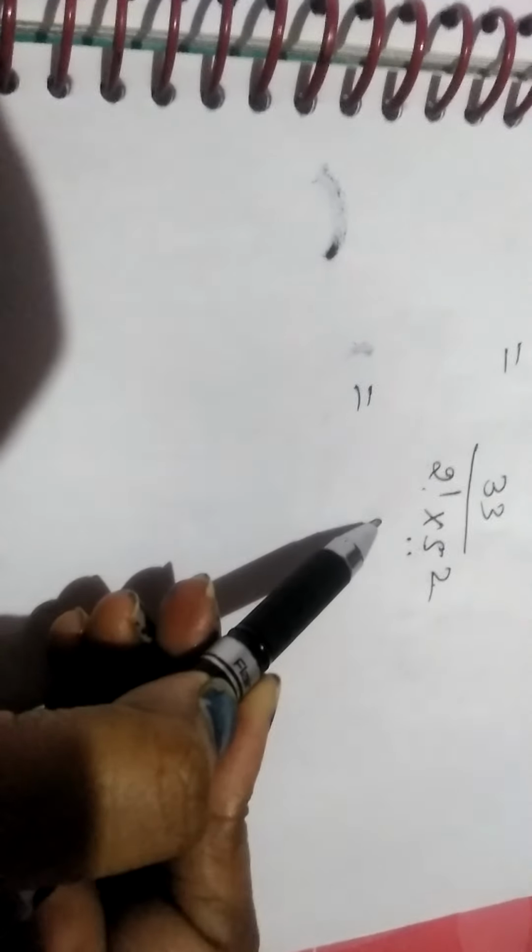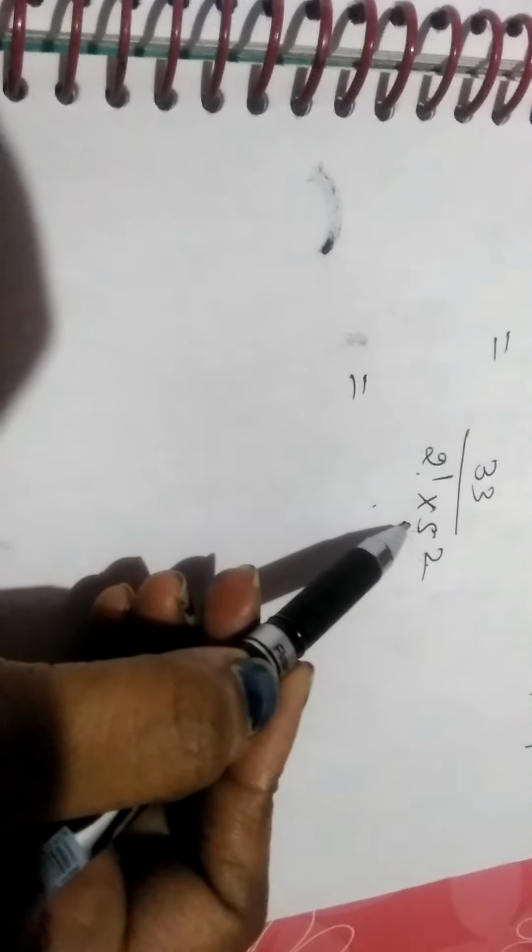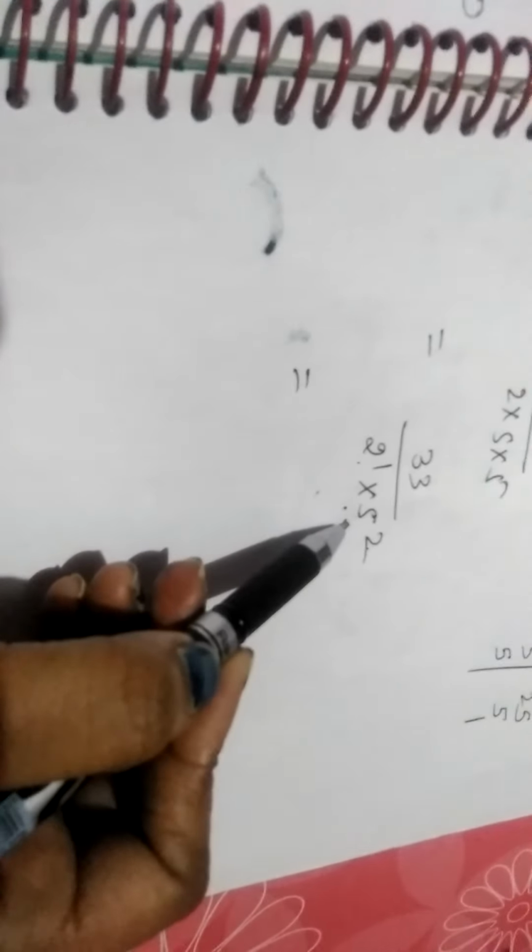Now how do we express it in decimal form? Here the power of 5 is 2 and the power of 2 is 1. At first we make the power of 2 and power of 5 the same.